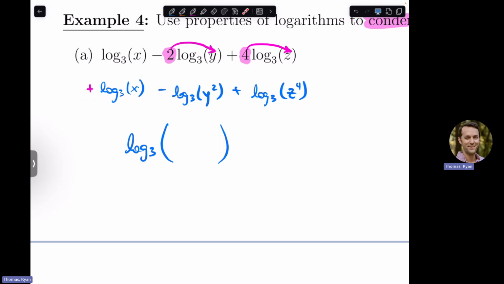Adding two logs means you're multiplying the arguments together, right? So x times z to the fourth. Subtracting means you're dividing by that thing. So over y squared.